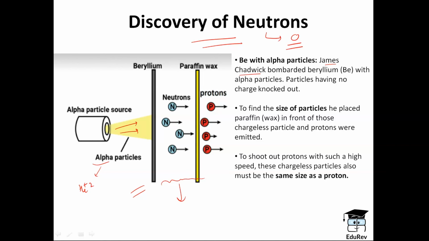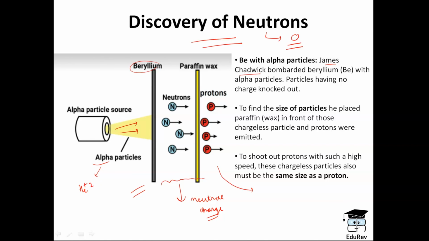And the mysterious particle had a neutral charge. When paraffin wax was placed in front of this beryllium foil, it was noticed that some charged particles emerged out, and the charge was positive. So, protons emerged out.